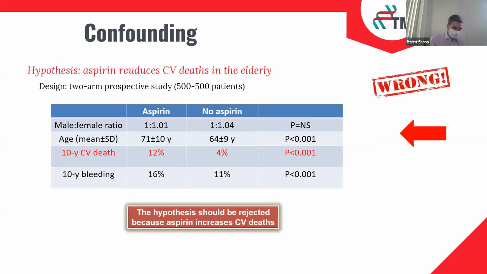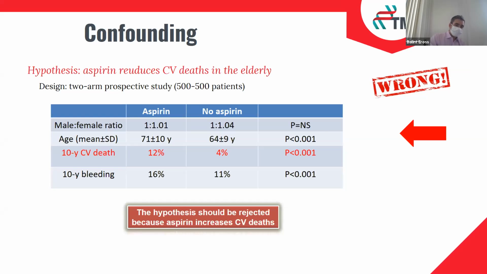You will remember this example. This is an observational trial in which aspirin increased the cardiovascular deaths because the patients were not randomized.